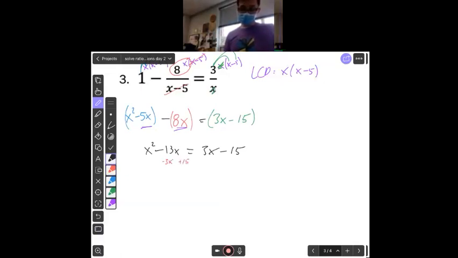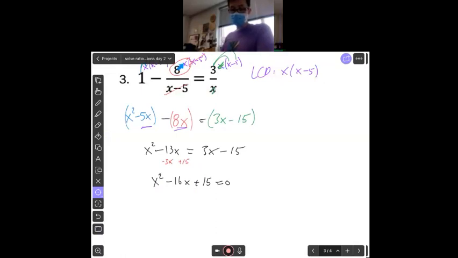Move everything to the left. So here's our new equation to solve, right? The answers to this equation will be the same as the answers to this equation. This is much easier for us to solve than that. So it's all about rewriting the problem into an easier form of solving.